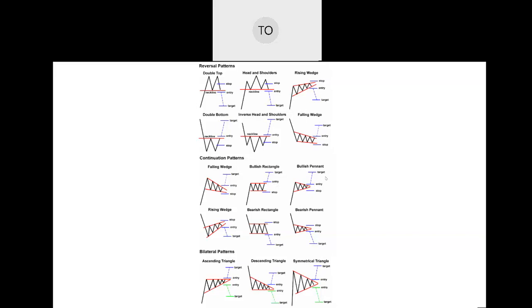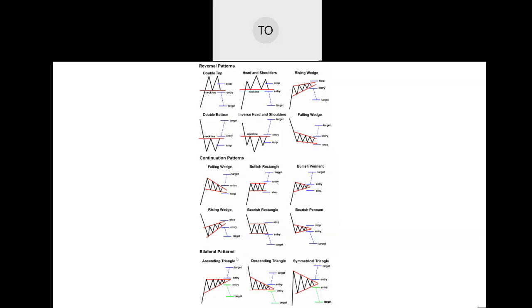Bullish pennant. Then there's the rising wedge, bearish rectangle, and the bearish pennant. Again, these are very common if they're forming in the middle of a chart, not at the support and not at the resistance. You have those common continuation patterns.